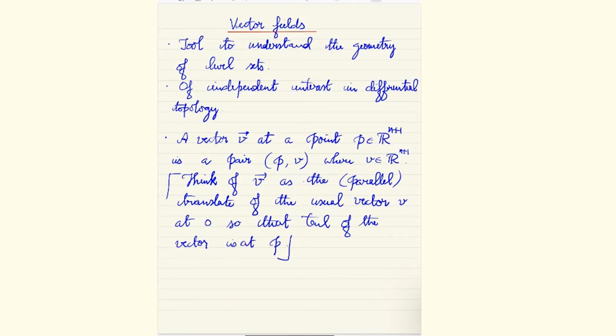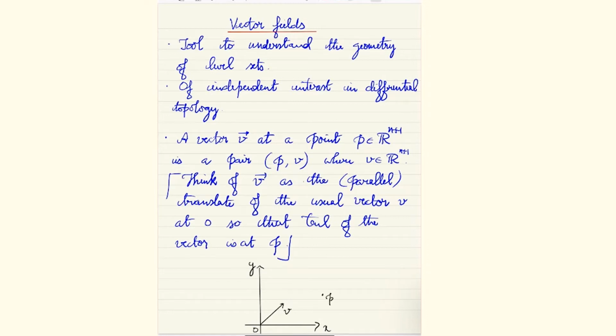Pictorially, it's sometimes useful to draw pictures in these things. So let's see: y-axis, x-axis, this is the origin. So your original vector is something like this. We join the origin with that, so this is v. Then p is some point here.